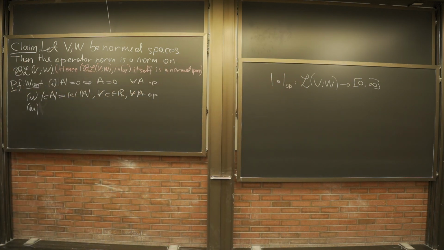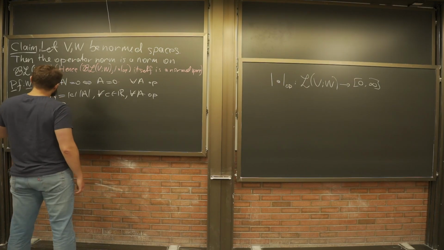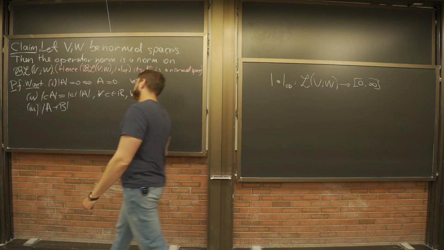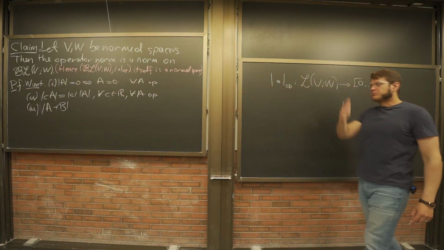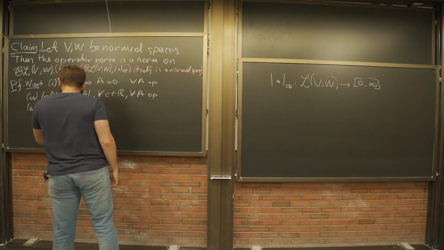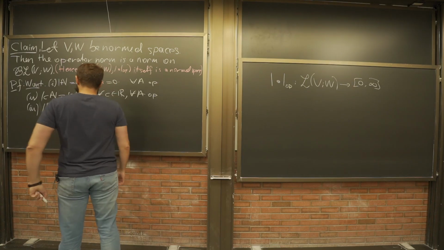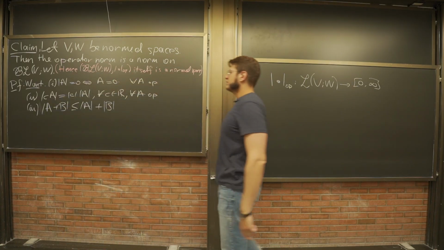It should be the triangle inequality. So you want to be able to bound the norm of the sum of two operators by the sum of the norms. These are the three things we want.